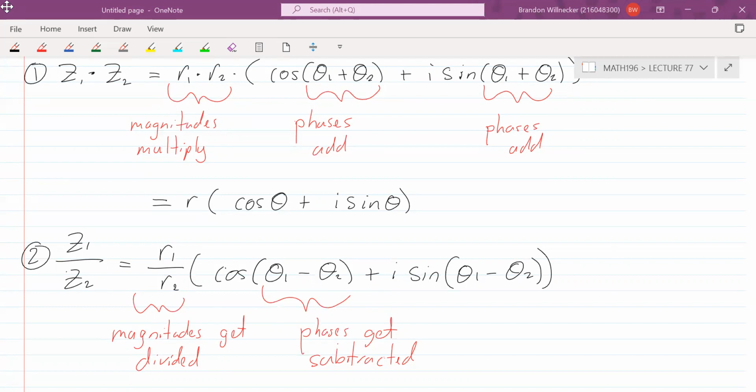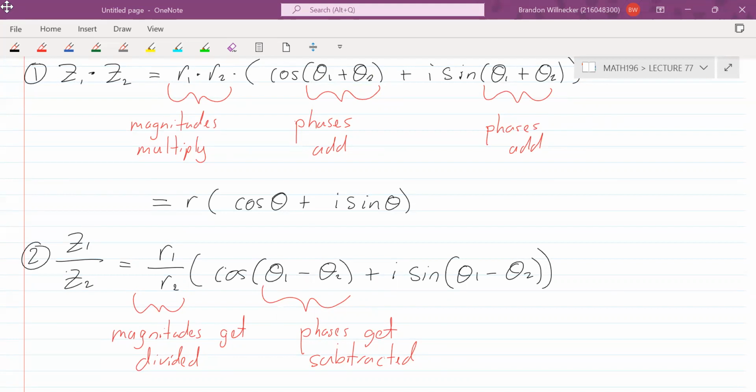Okay, so the next thing that's going to help us with taking powers of complex numbers is Euler's formula. I'm just going to write it down without any proof. We're going to look at it in more detail later on when we do complex functions, and then we will prove it towards the end of the semester when we do Taylor series.